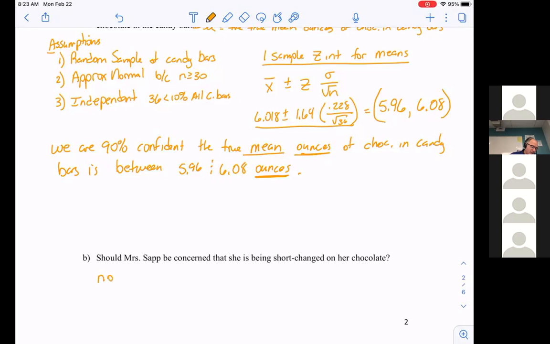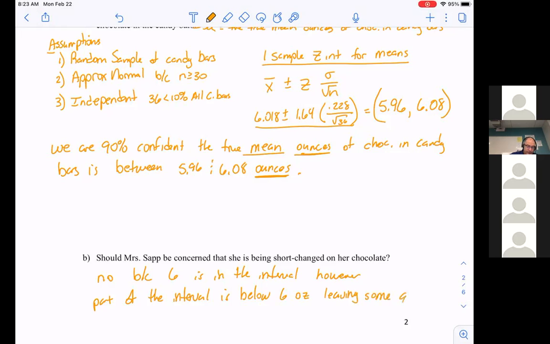And no, because 6 is in the interval. However, part of the interval is below 6 ounces, leaving some question.